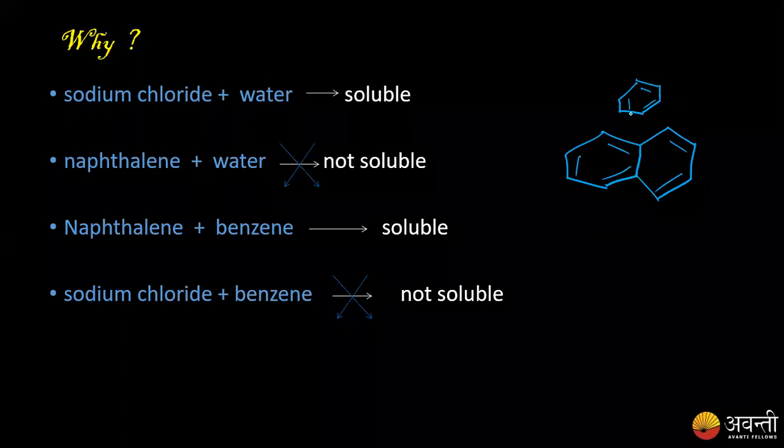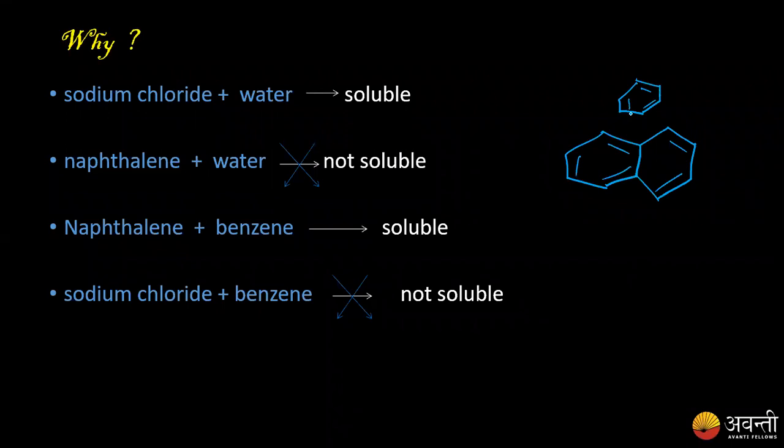So when you're dissolving naphthalene in benzene, they are soluble, and both are non-polar. First, when we were discussing sodium chloride and water, we thought if both are polar, then they will be soluble. Then with naphthalene and water, we thought a non-polar and a polar will not be soluble, because only polar and polar can be soluble. But when we saw naphthalene and benzene, both are non-polar, but still they are soluble.